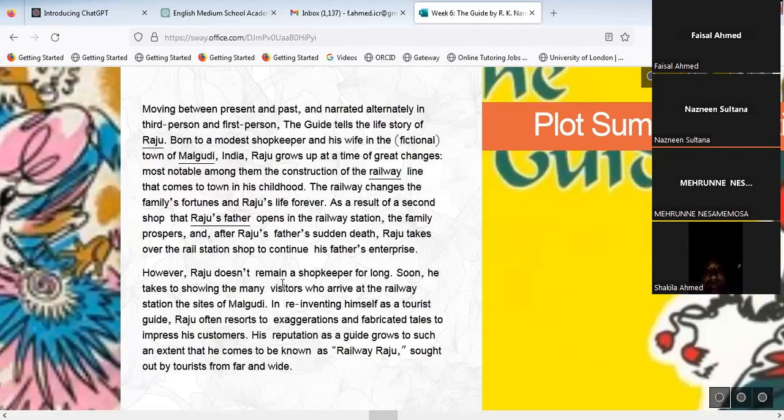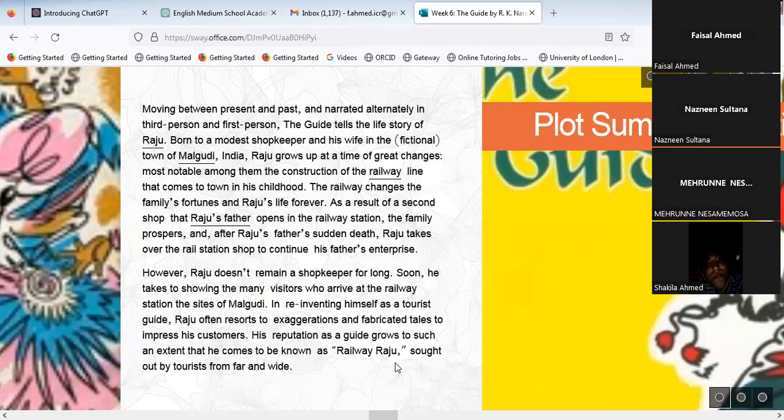However, Raju doesn't remain a shopkeeper for long. Soon he takes to showing the many visitors who arrive at the railway station the sights of Malgudi. In reinventing himself as a tourist guide, from shopkeeper he turns himself into a tourist guide. Raju often resorts to exaggerations and fabricated tales to impress his customers.